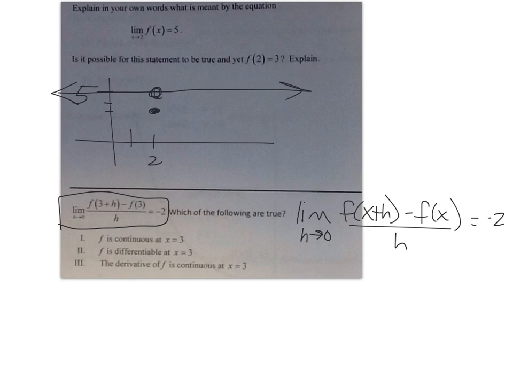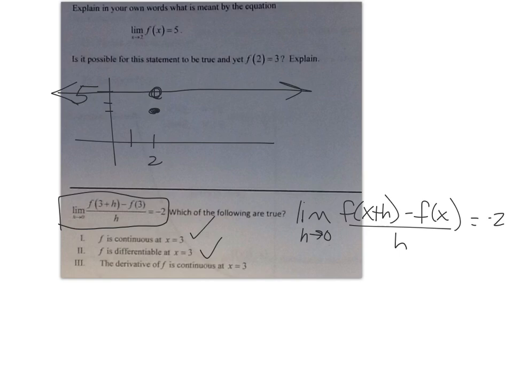This tells me that I have been given a derivative of a function with 3 plugged in for the x. And it does exist. So if the derivative exists, then yes, the function's continuous at x equals 3. Yes, it is differentiable at 3.